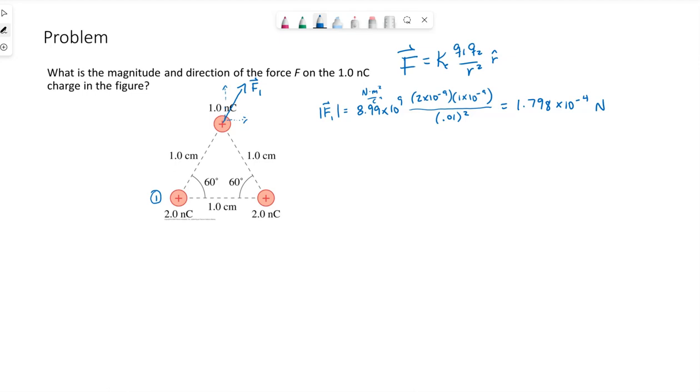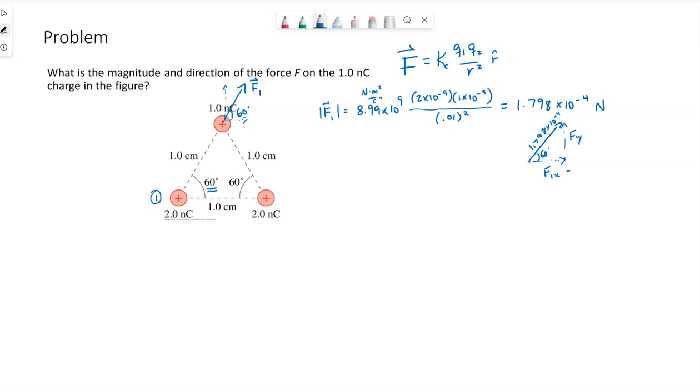The magnitude, with the way I've drawn it over there on the picture, this actual vector is the one that has this magnitude. But this vector has X and Y components, which we can find because the angle in the triangle below down here is 60, which means this has to be 60 as well, because that force is pointing directly away from this bottom 2 nanocoulomb charge.